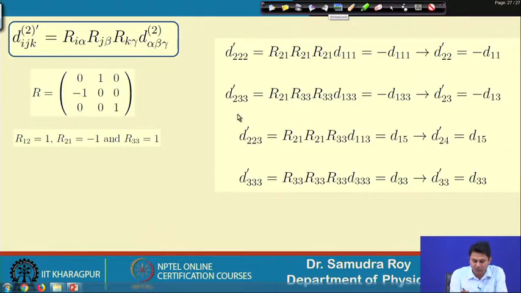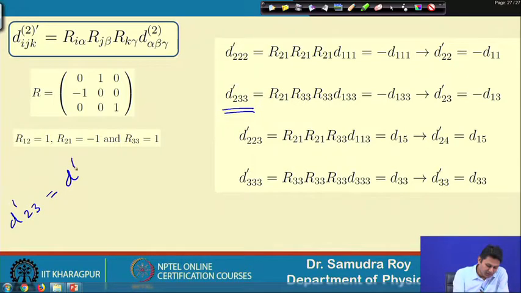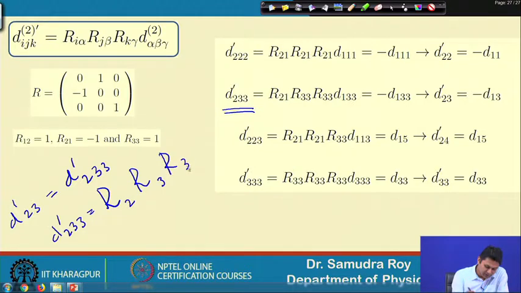For example, for any arbitrary component, if I want to find out say D233, then D prime 2 3 3, if I put the R values, I need to put R2 here, R3 here, R3 here, and for R2 3 3 I have to put R1 here, R3 here and R3 here.